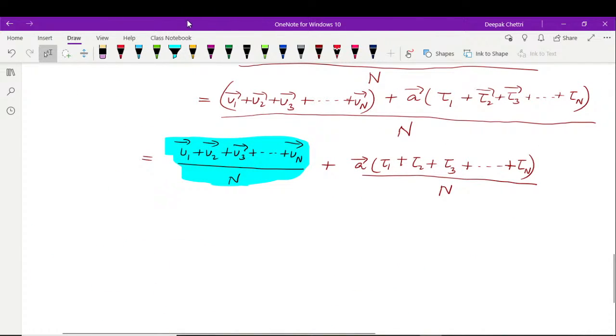So your vector Vd will be 0 plus a times tau 1 plus tau 2 plus tau 3 plus up to tau n divided by n. This is also an average. Average of what? Average of time, and that is denoted with tau. Any doubts?